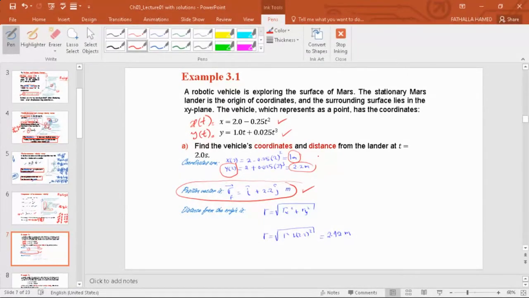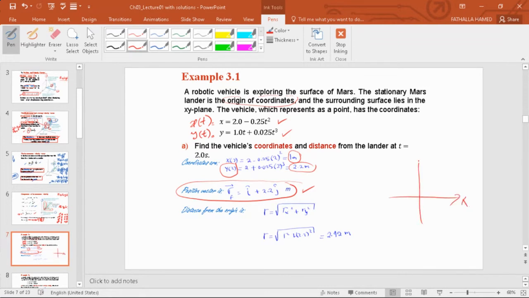Now they ask you for the distance, and they told you that it started from the origin. So you're going to look at the distance between the origin and these coordinates. Relative to the origin, you are at x equal 1, and y is equal to 2.2.